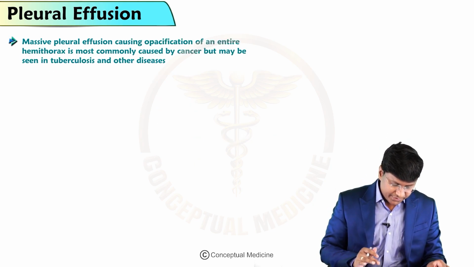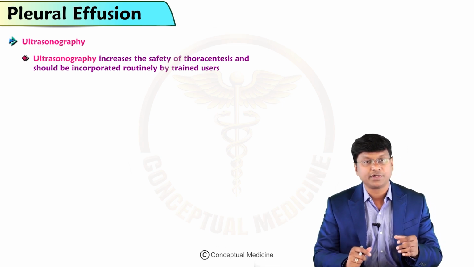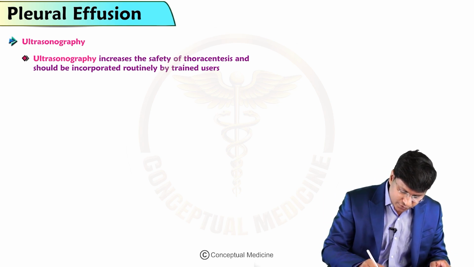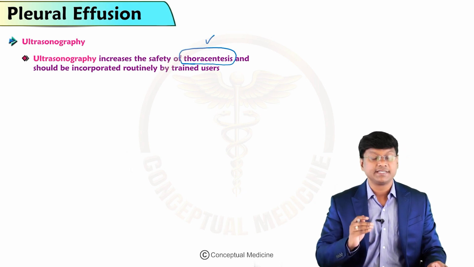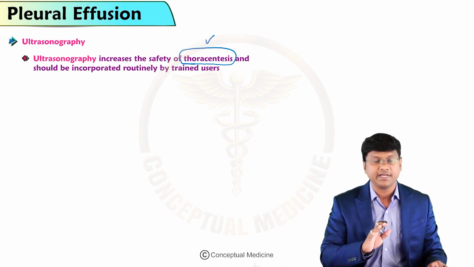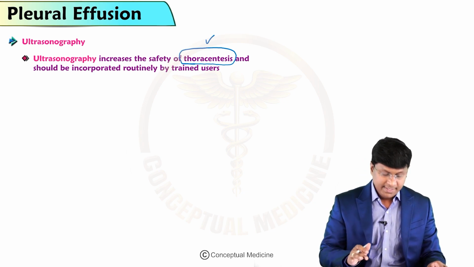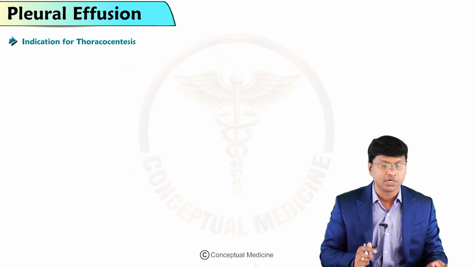Then you take the importance of ultrasonography. What is the use of ultrasonography? Ultrasonography increases the safety of thoracentesis and should be incorporated routinely by trained users. Now, at the same time, you should know the indications for thoracentesis, which is also called pleurocentesis.